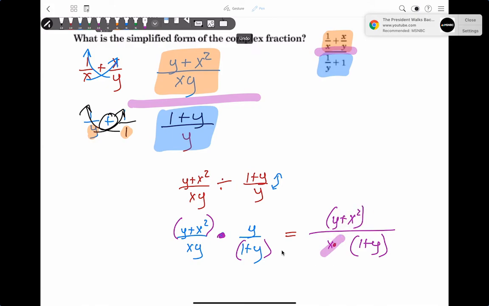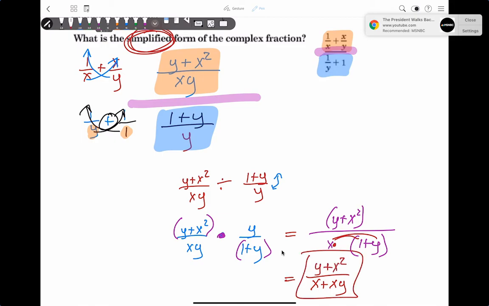Again, only between multiplication pieces. So if I'm going to simplify this, I will distribute this x so that I don't have any more parentheses, and I'll have x plus xy in the denominator, and then I'll just have y plus x squared in the numerator. This is the most simplified reduced form.